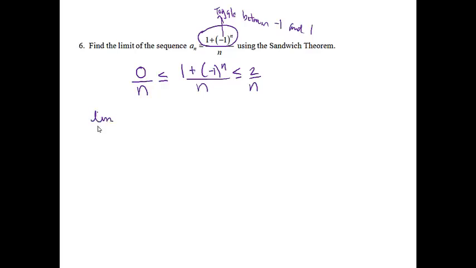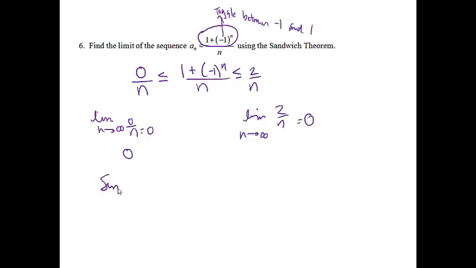All right, and then with the sandwich theorem, we're going to find the limit. So find the limit as n approaches infinity of 0 over n, and that will equal 0. And then we'll find the limit as n approaches infinity of 2 over n, and once again we'll get 0.